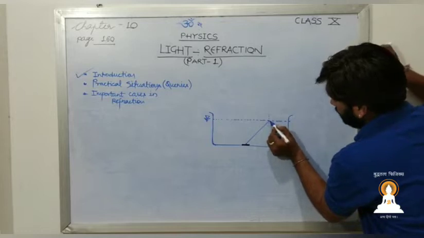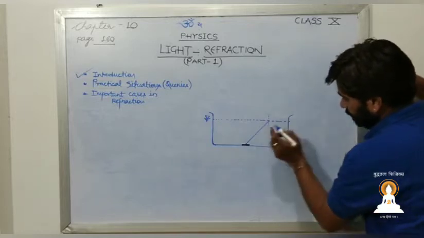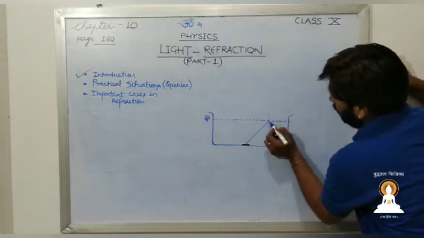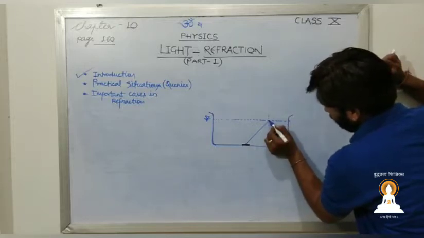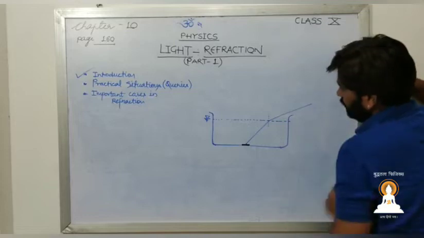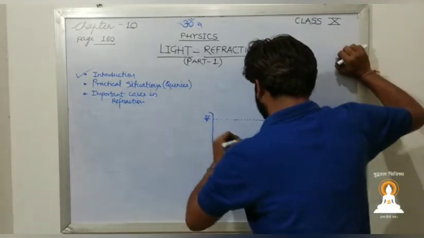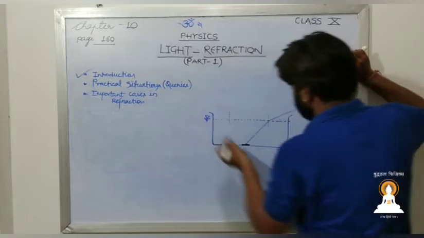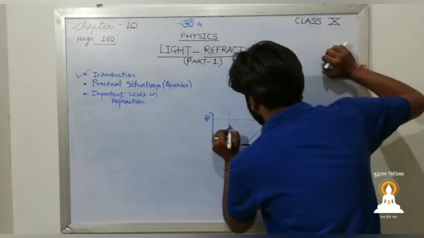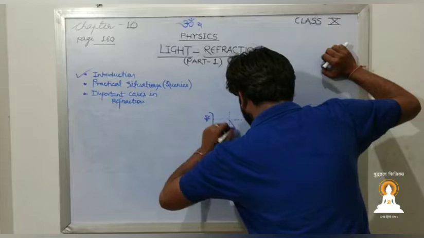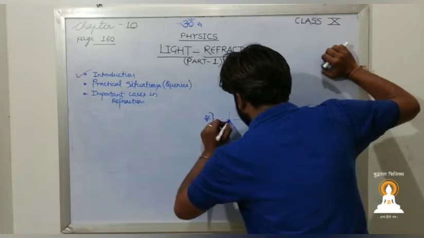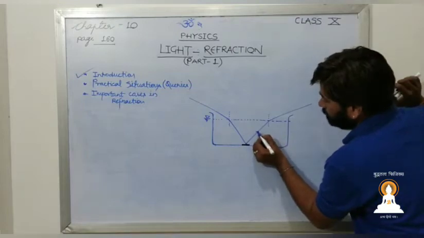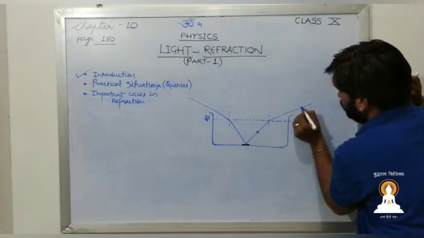Suppose there is another observer here, then again this light will be moving like this.